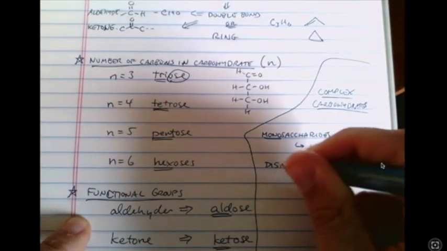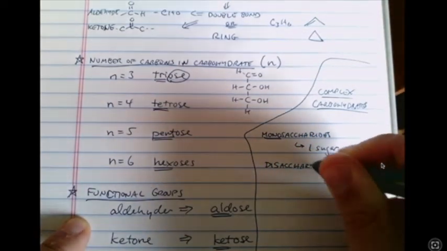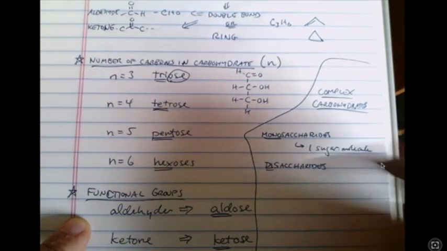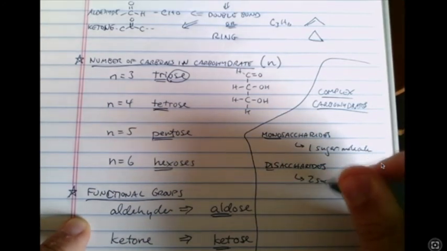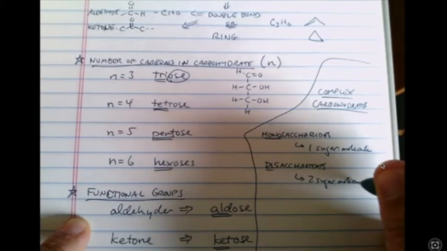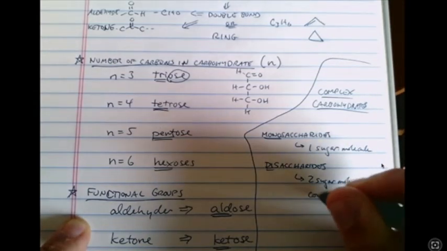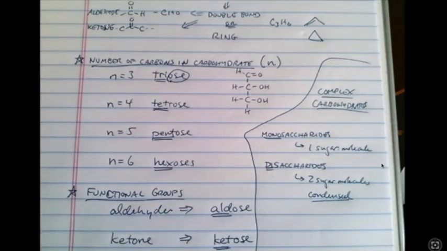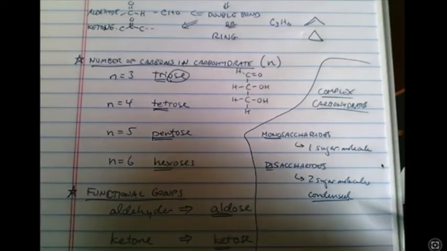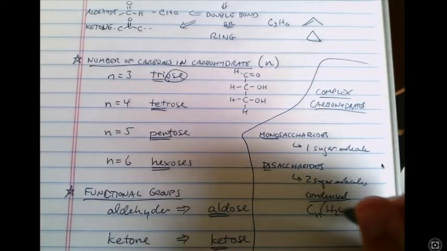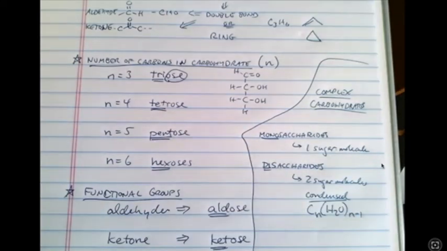We're also going to see a decent number of disaccharides. And so, as you might guess, that's going to be 2 sugar molecules. And they will be condensed with each other. So if you remember the condensation reaction from last time around, that reaction kicks out a water molecule. So in actuality, all of these will have this formula instead.